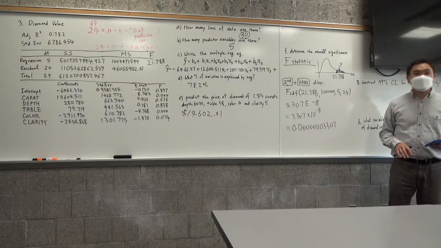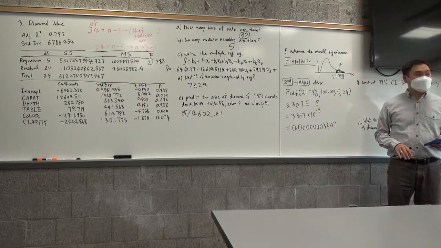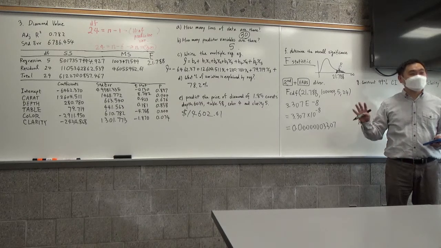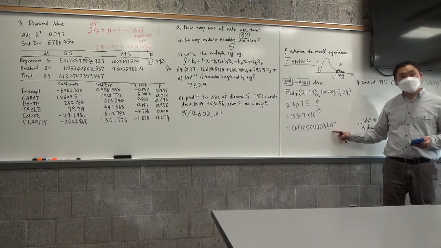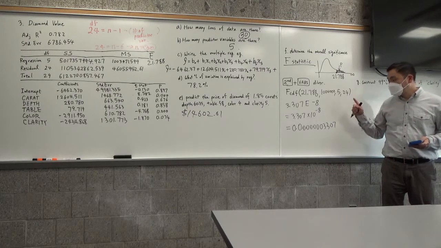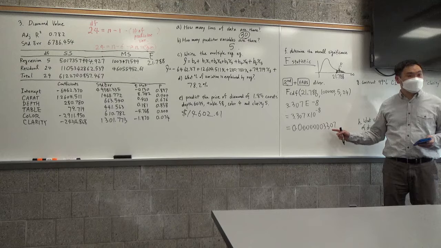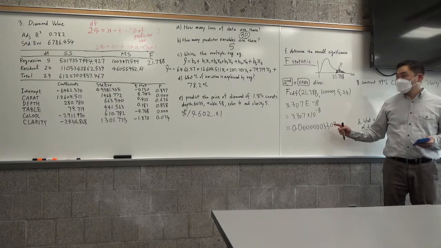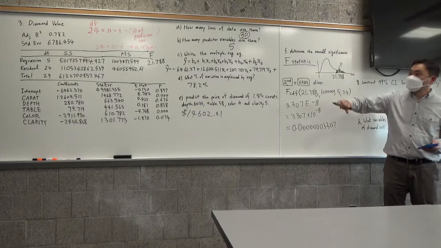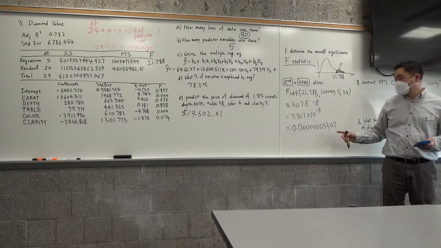So, is that very significant or not significant? No, it's very significant. Okay. The closer the p-value is to 0, the more significant. Because just getting these numbers by chance is very small.